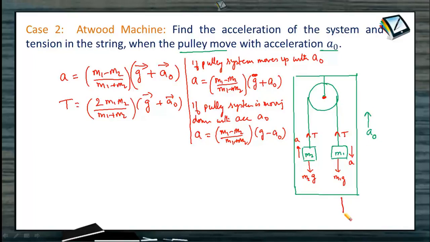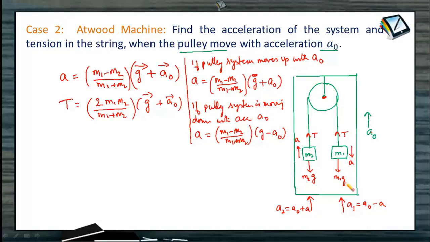So the acceleration of mass M1, let us call it A1, is equal to A0 minus A. M2 is also moving in the same direction with the same acceleration A0, so the acceleration of M2, A2, is equal to A0 plus A. These are the individual accelerations of masses M1 and M2 at any instant of time.